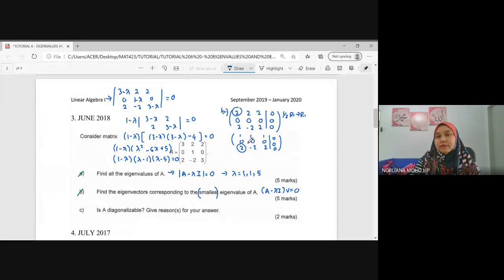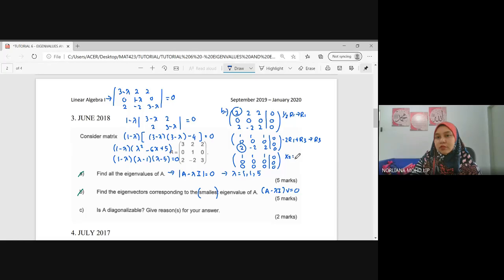So jadikan ni negative 2 row 1 plus row 3. Zero. So the free variable is x2 and x3.